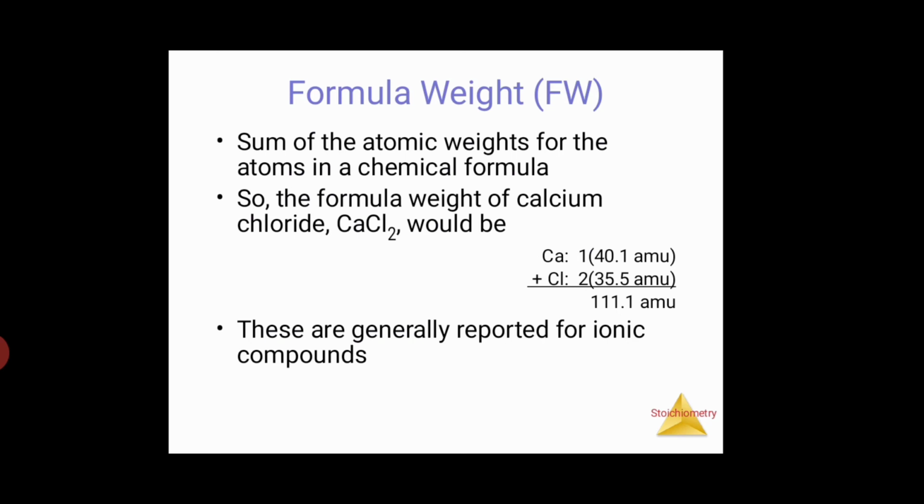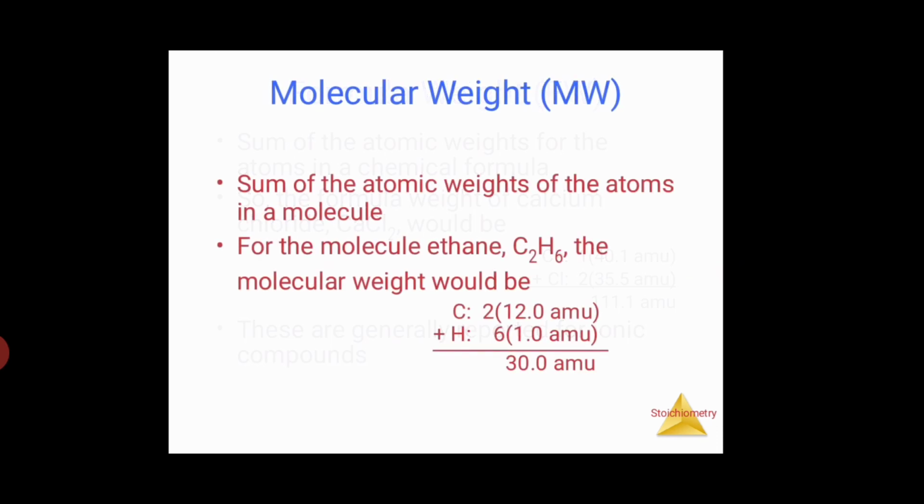And for chlorine, in CaCl2 note that you have a subscript, so it's 2 times 35.5. You sum it up, and you have 111.1 atomic mass units. These are generally reported for ionic compounds.